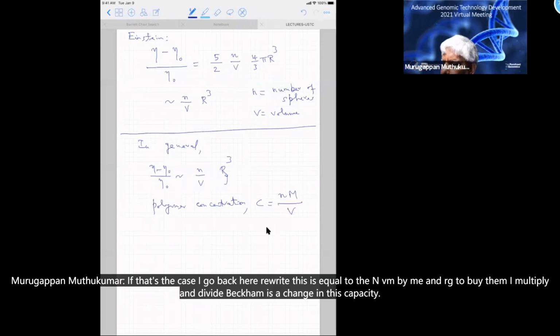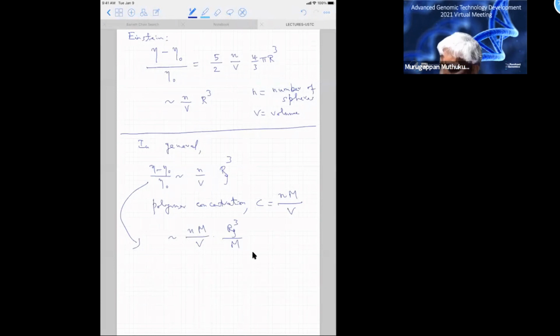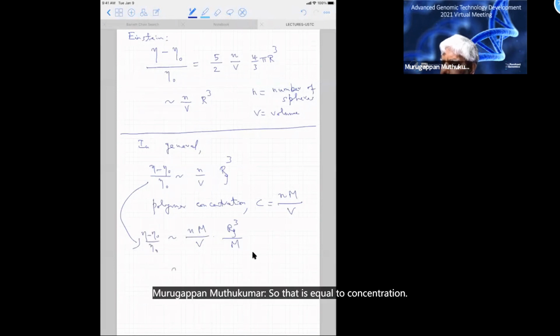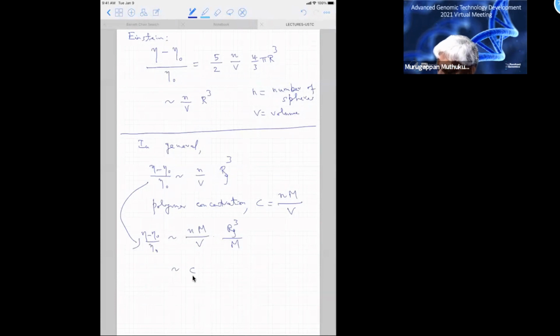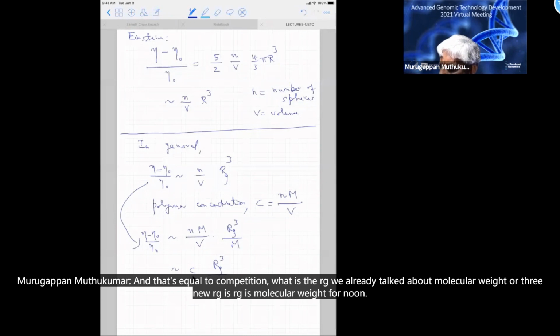If that's the case, I go back here and rewrite this. This is equal to N M by V and Rg cubed by M. I multiply and divide by M. This is the change in viscosity. So that is equal to concentration times Rg cubed by M.